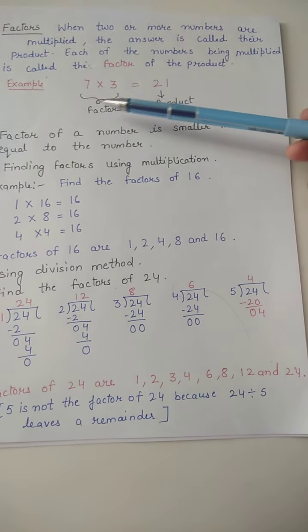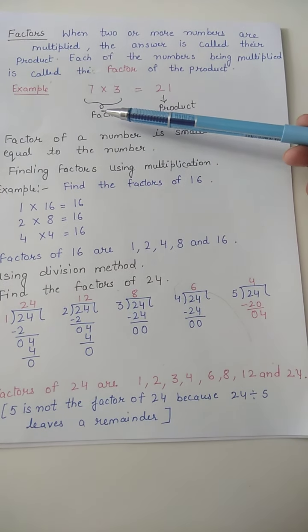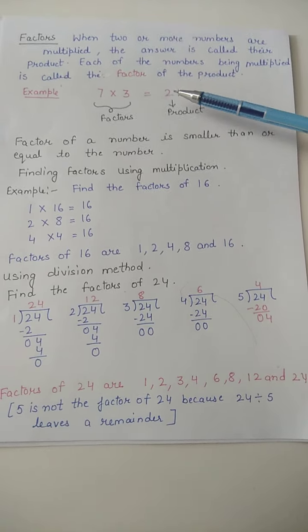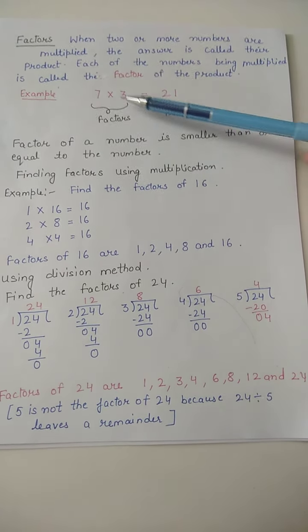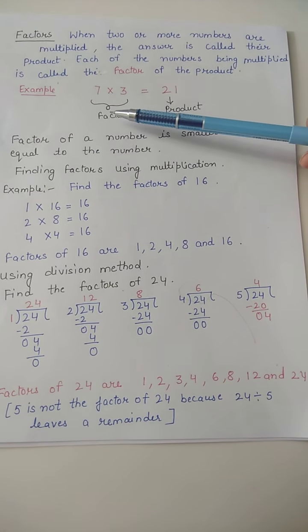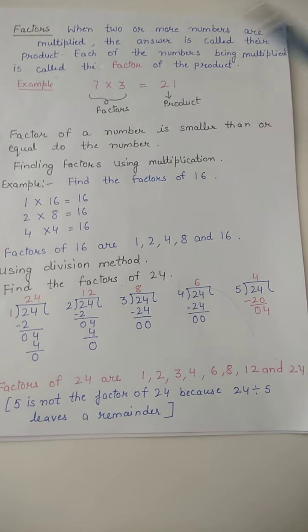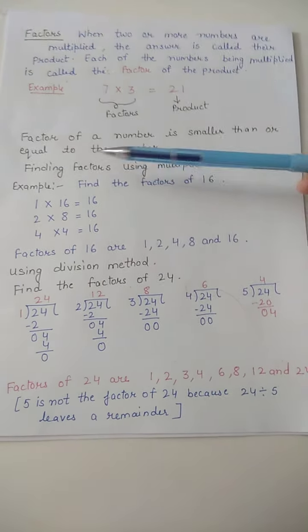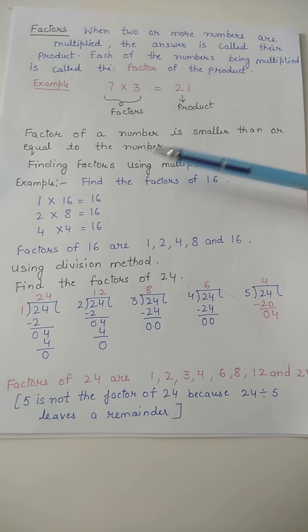When two or more numbers are multiplied, the answer is called the product, and the numbers which we are multiplying are called the factors of the product. So here 7 and 3 are the factors of 21. A factor of a number is smaller than or equal to the number.